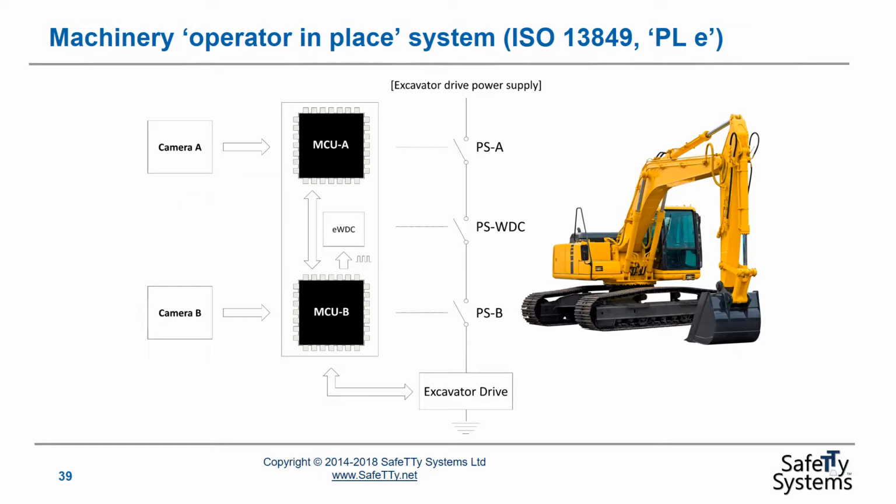And we're doing this using two low-cost camera modules fed into two microcontrollers with a time-triggered software architecture. Gives us a simple, highly robust means of meeting the ISO 13849 requirements. So this meets one of our requirements for a designated architecture in ISO 13849.